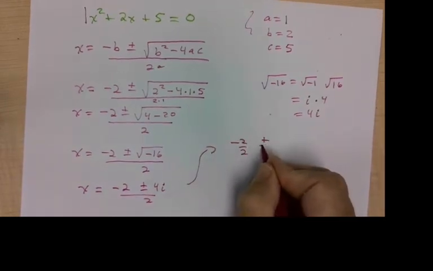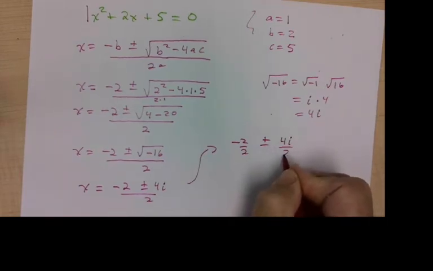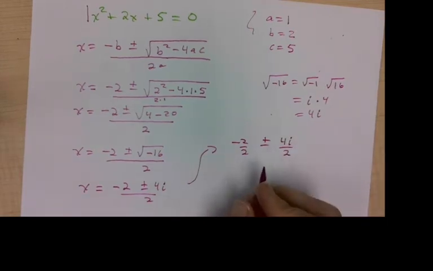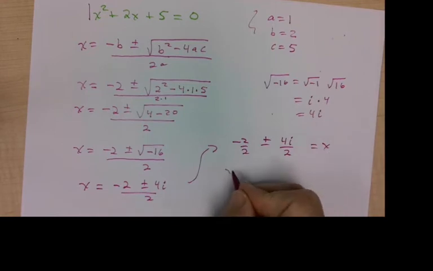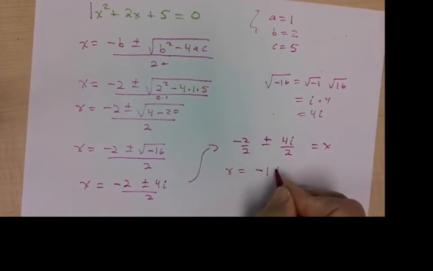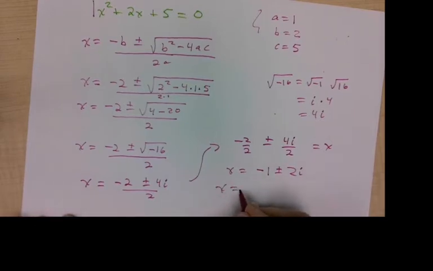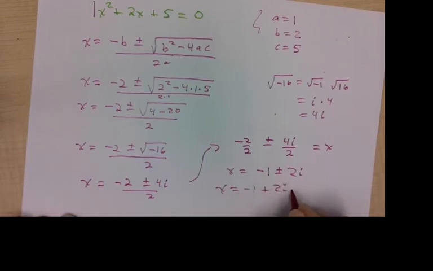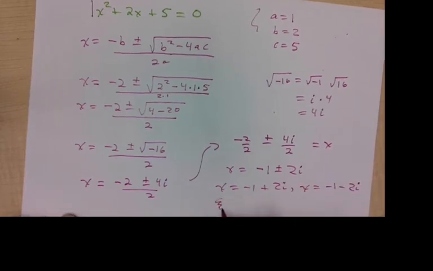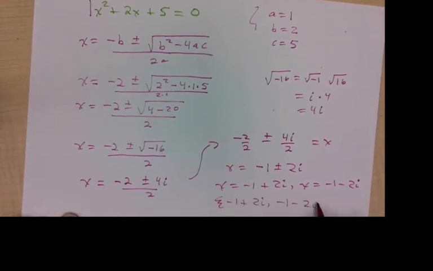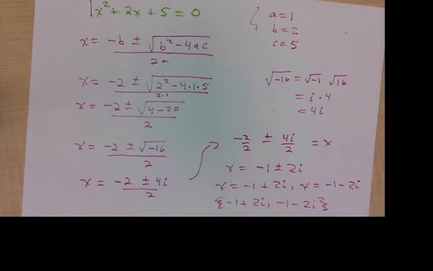Negative 2 over 2 plus or minus 4i over 2 equals x. So x equals negative 1 plus or minus 2i. So my two answers are negative 1 plus 2i and negative 1 minus 2i.